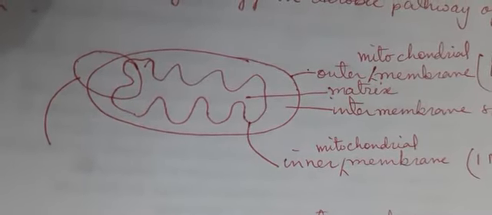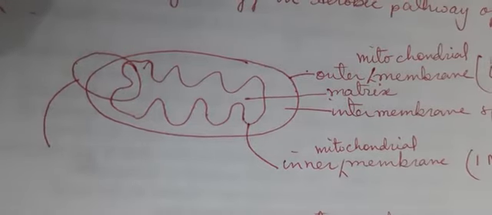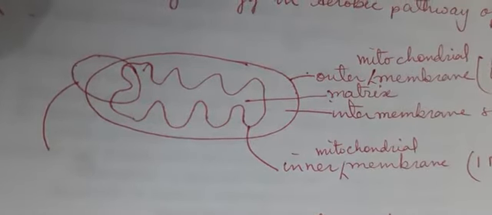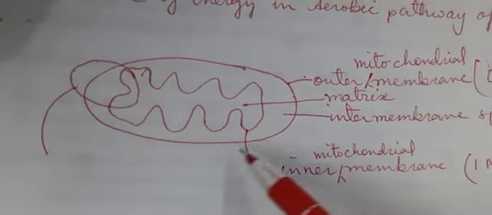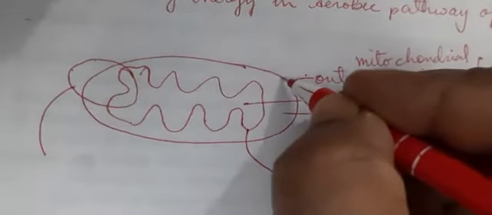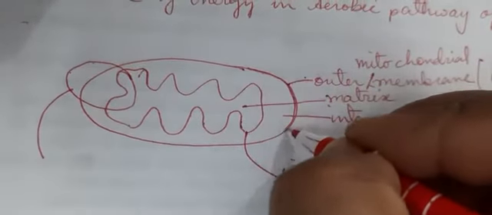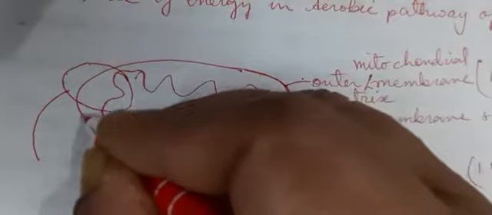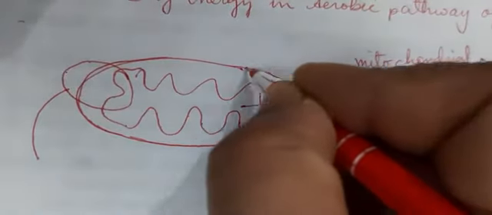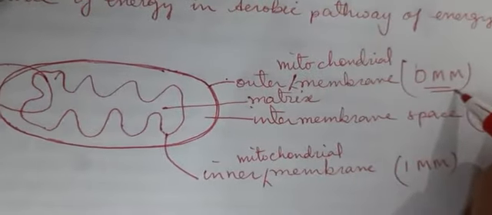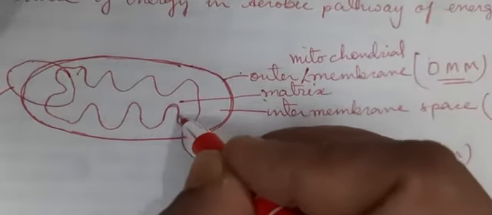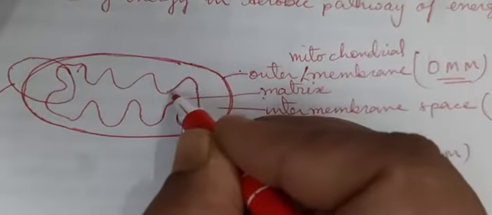So, these enzymes which are utilized in these series of reactions are located on the inner mitochondrial membrane. So if we see the structure of mitochondria, this will be the outer mitochondrial membrane, or we can say OMM. Then there will be the inner mitochondrial membrane.